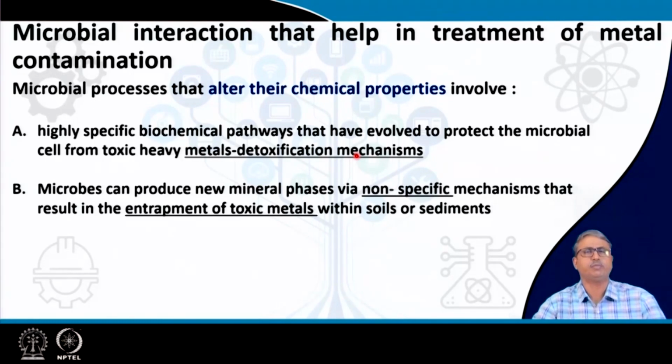These are naturally present in microbial systems. So, what we are doing is learning these detoxification mechanisms and trying to improve them, make them more specific, and then see how these detoxification based metal transformation processes can be developed so that they will be suitable for a metal bioremediation system.